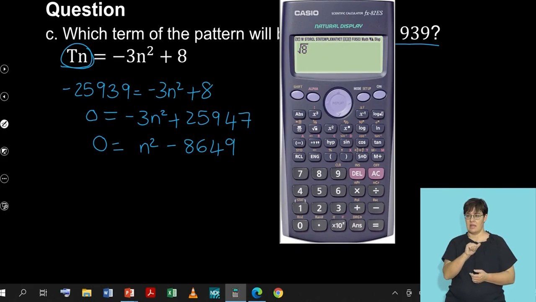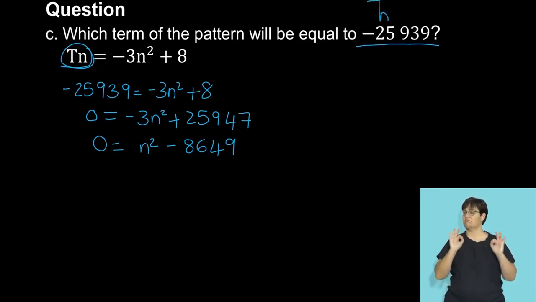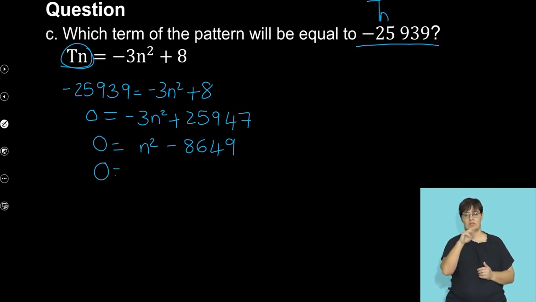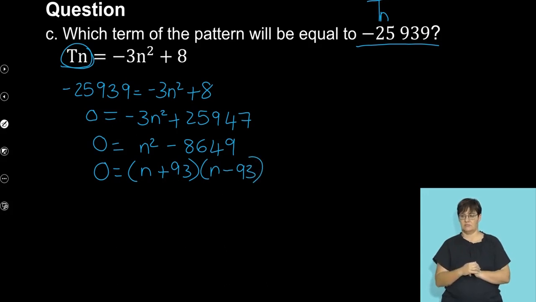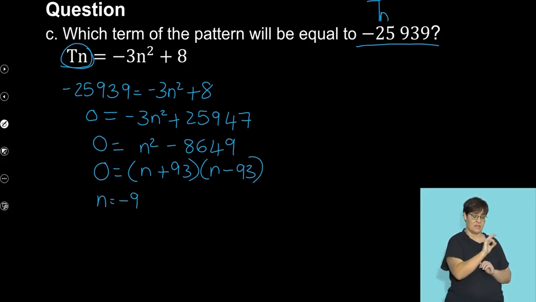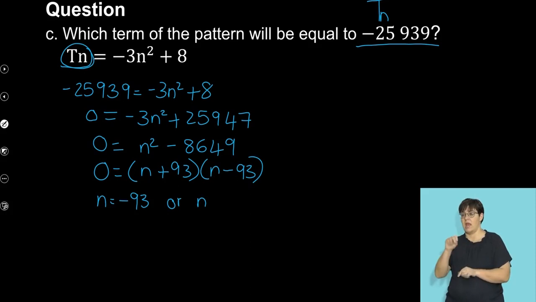So the square root of 8,649 gives me 93. So this is great. So it's a difference of squares. So it's going to be 0 is equal to n plus 93 and n minus 93. So n will be equal to negative 93, or n will be equal to 93.